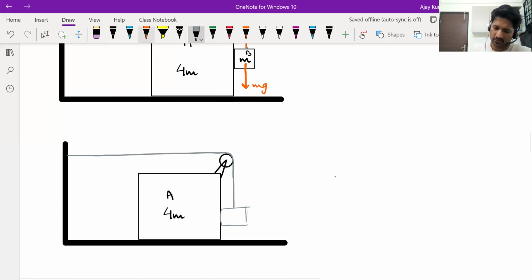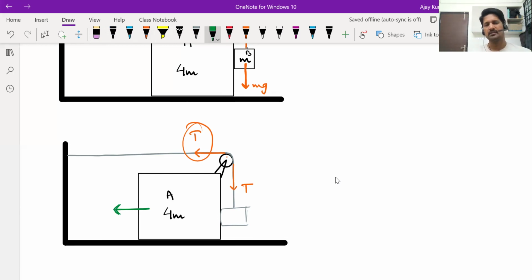So on the pulley, there will be a tension this way and also this way. This tension acts on the pulley, and 4m and the pulley are like one object now. So this tension is what makes 4m and the pulley accelerate to the left. Is this clear to all of you?